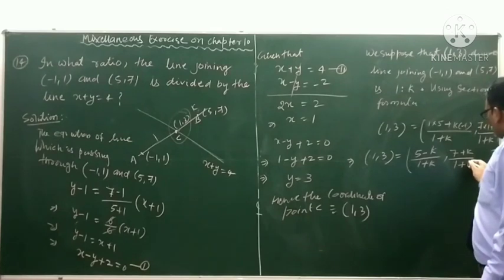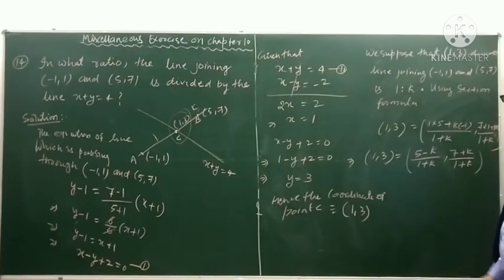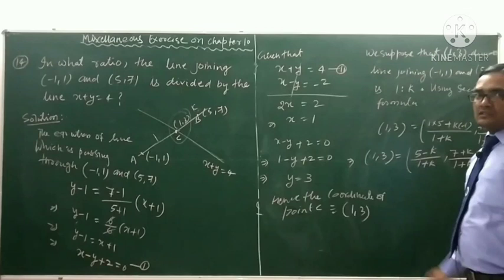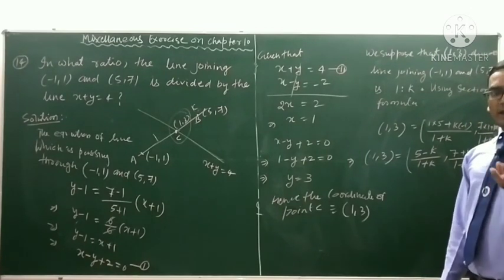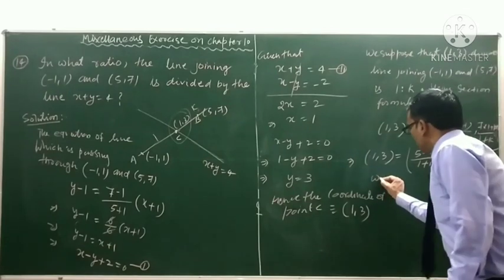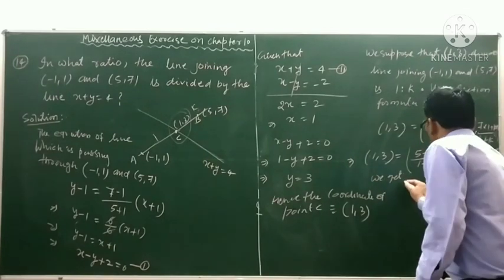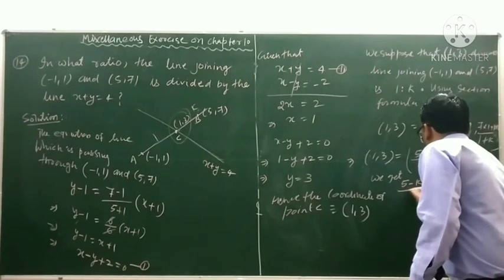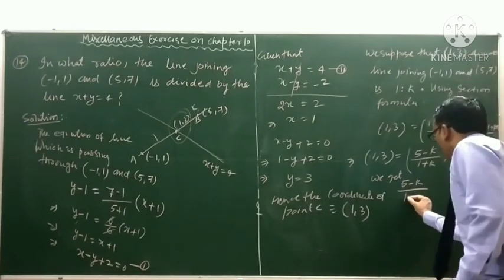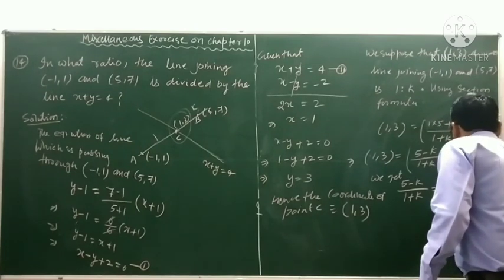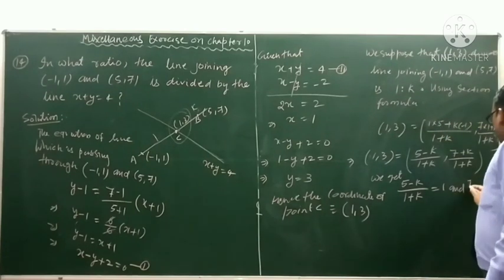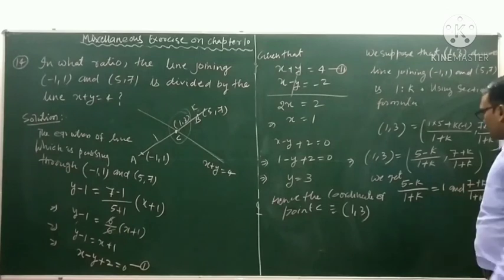Okay students, comparing the x coordinate and y coordinate, we get (5 minus k) upon (1 plus k) equals 1 and (7 plus k) upon (1 plus k) equals 3.